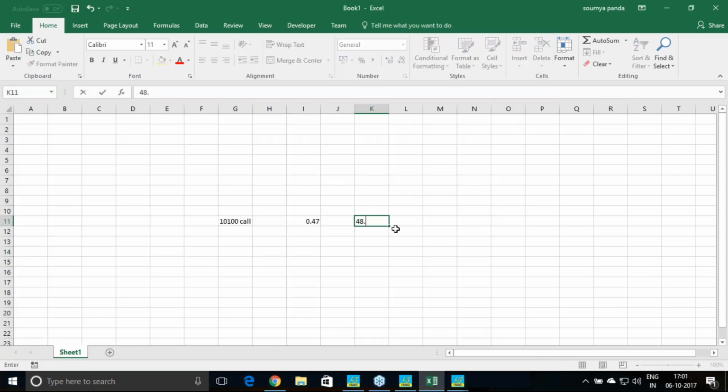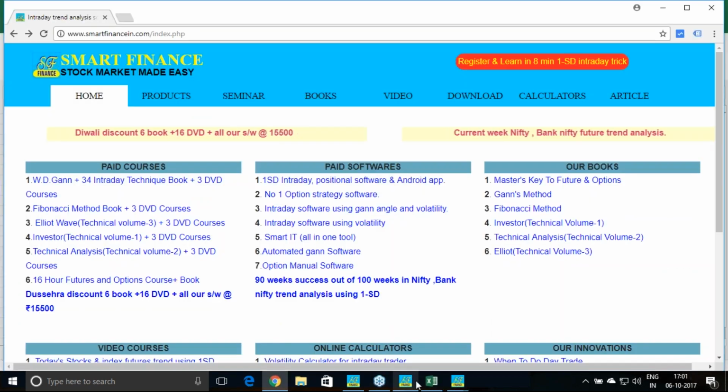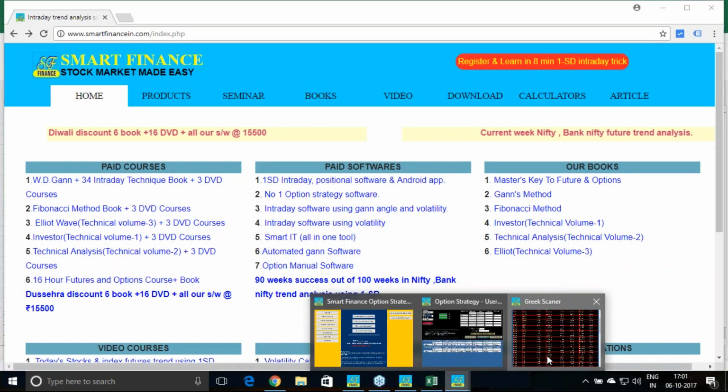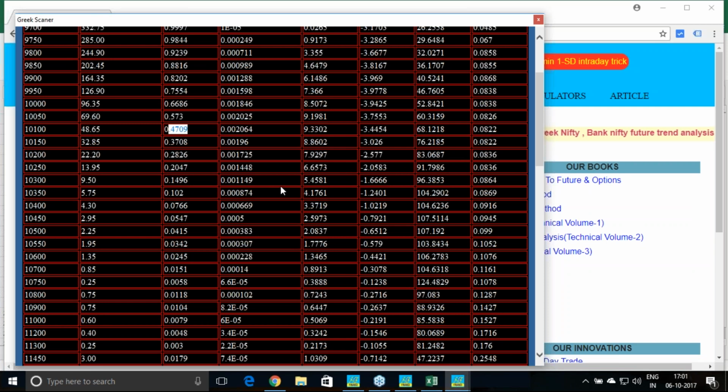So if the future gives a breakout above 10,040, definitely this will also increase by 10 or 12 points. I can get it in the 55, 57 range.